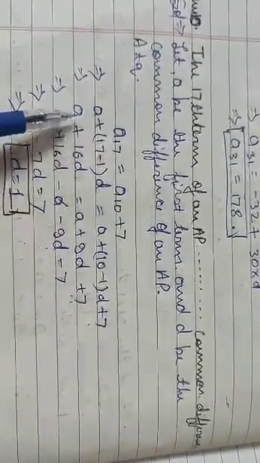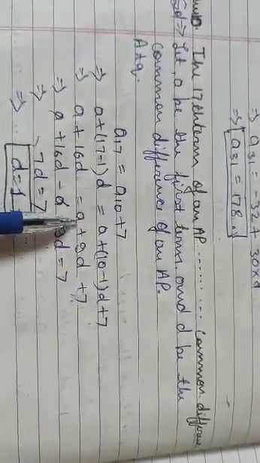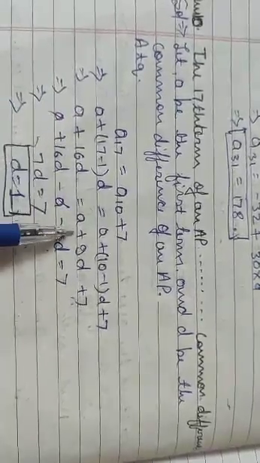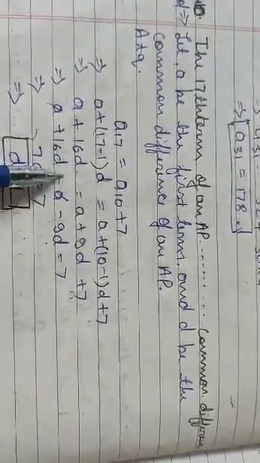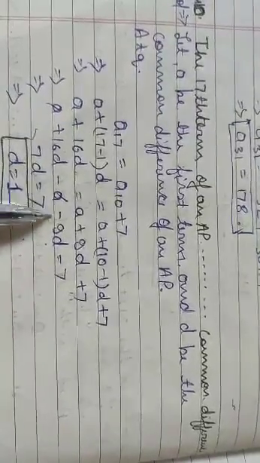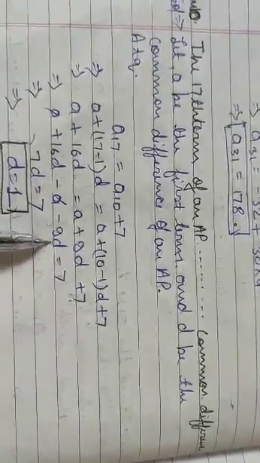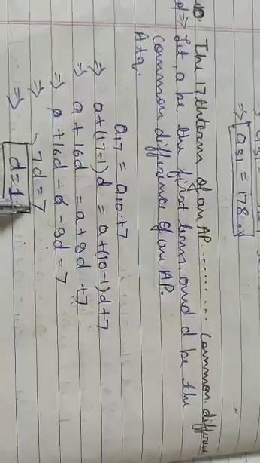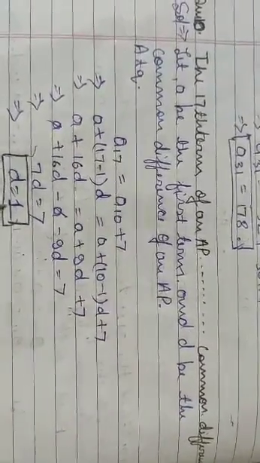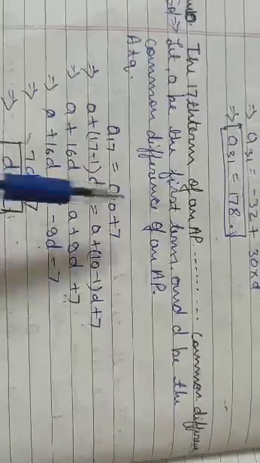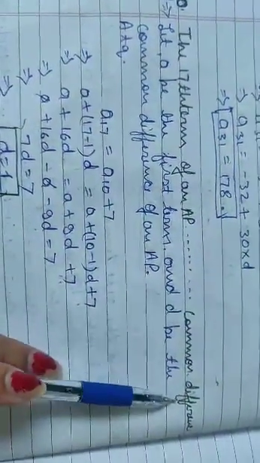Plus a we have on both sides of the equation, so it will be cancelled out. Now transpose 9d to the LHS. 16d − 9d = 7. So 7d = 7. So the common difference is 1. We got the common difference as 1, and that is what we were asked to find.